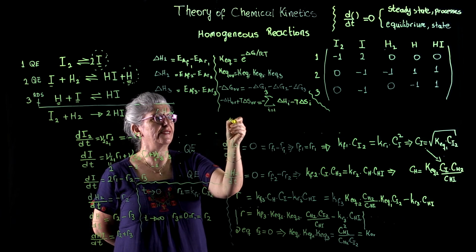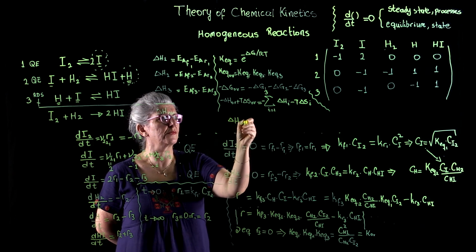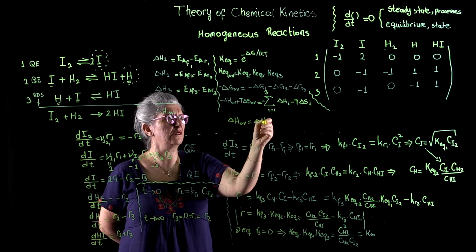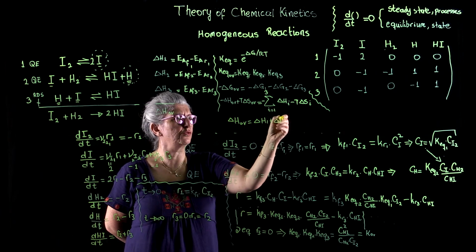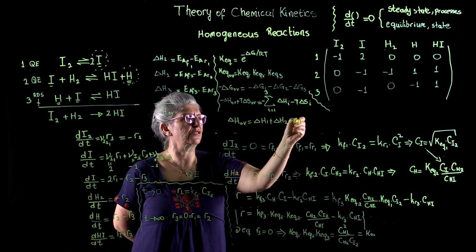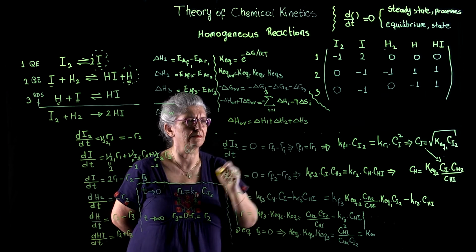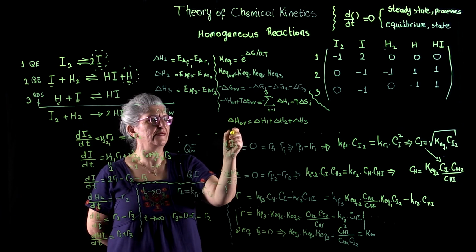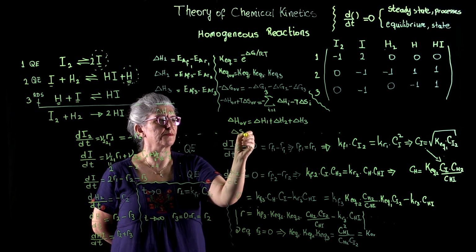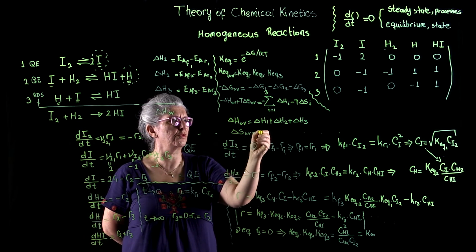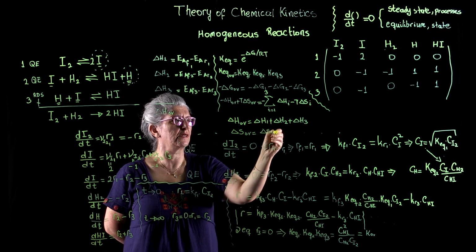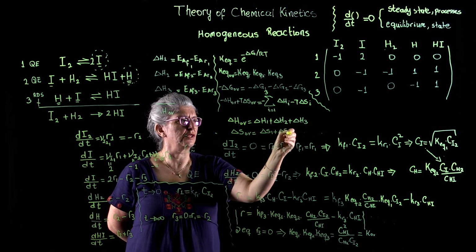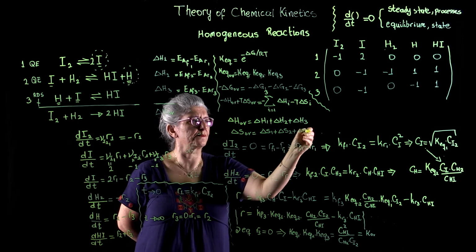So we have delta H overall is equal to delta H1 plus delta H2 plus delta H3, and delta S overall is equal to delta S1, delta S2, and delta S3.